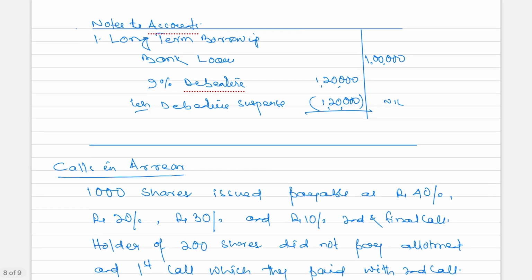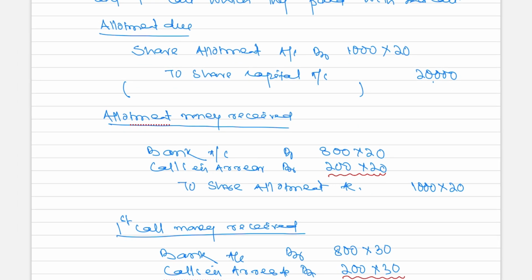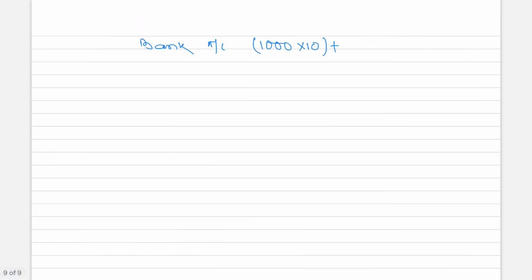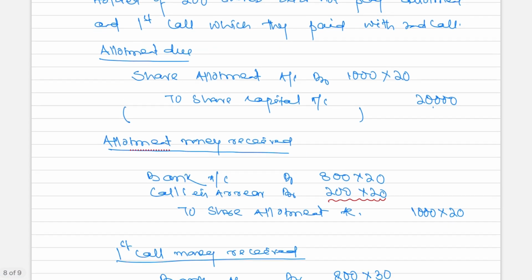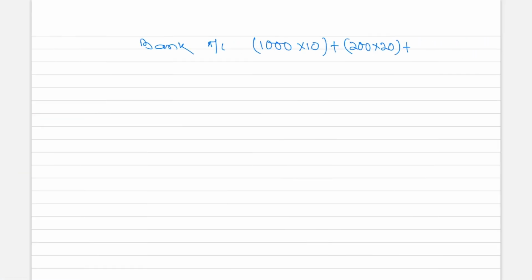The entry will be for receipt of final call money, bank account debit. How much will it be? 1000 into 10, which is normally due, plus the calls in arrear money, that is 200 into 20 and 200 into 30. Don't write it in this way, I am just explaining it.